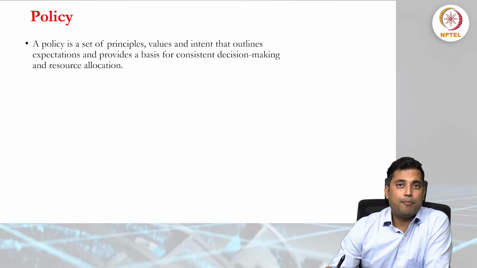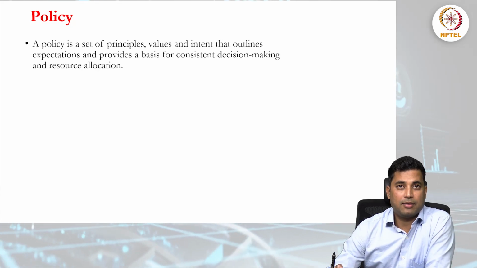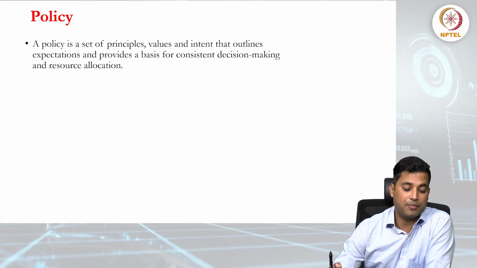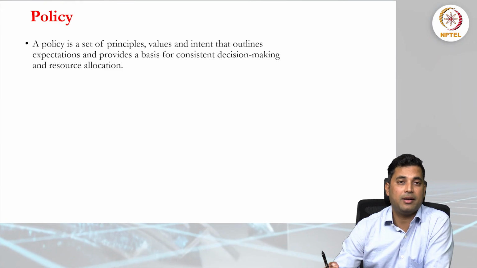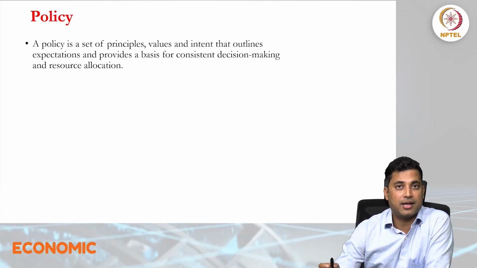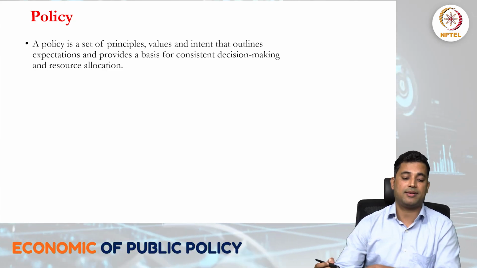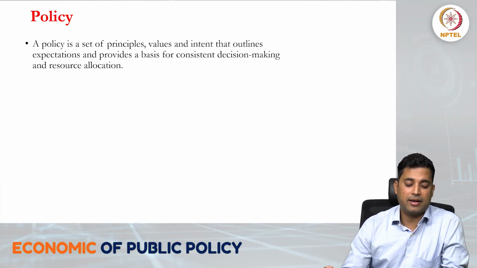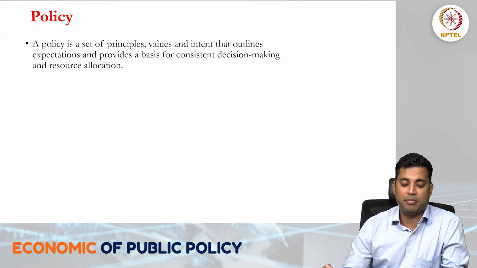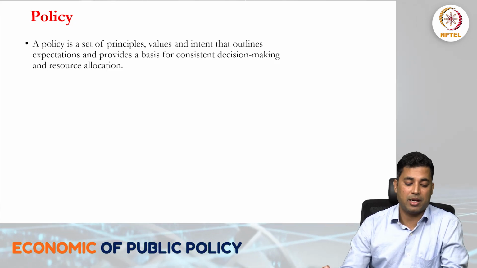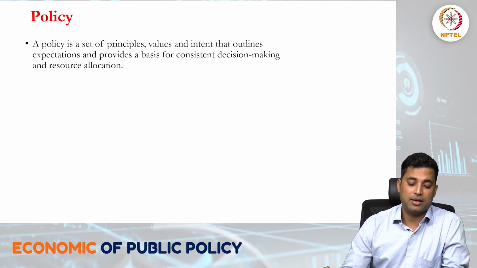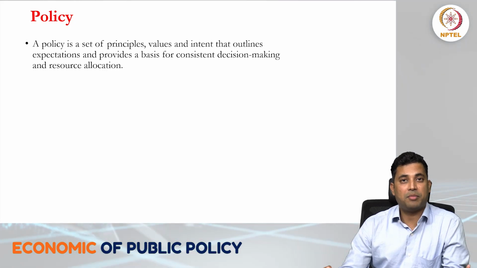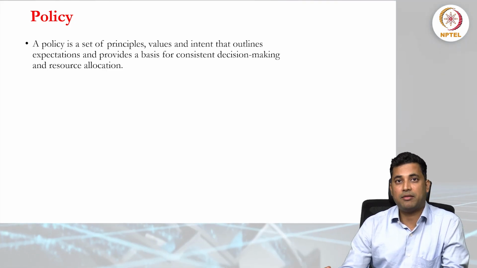Policy, in simple terms, and in any book that you consider, you will find broad definitions. Policy is a set of principles, values, and intent that outlines expectations and provides a basis for consistent decision making and resource allocation. It can be at the personal level and also at the public level.